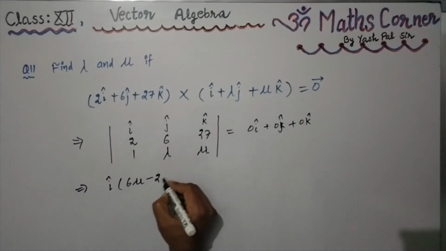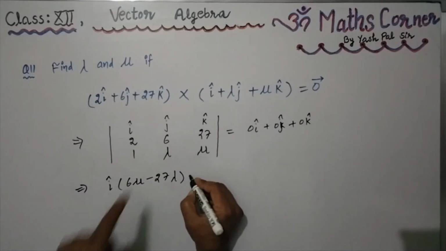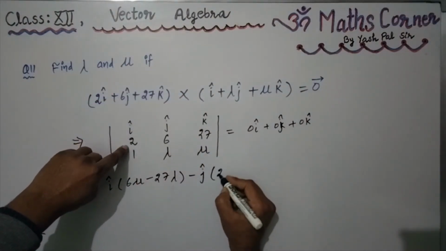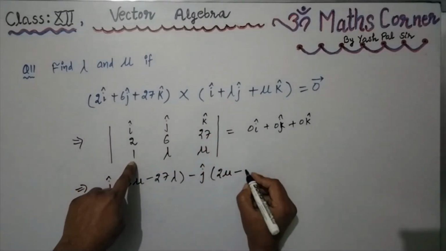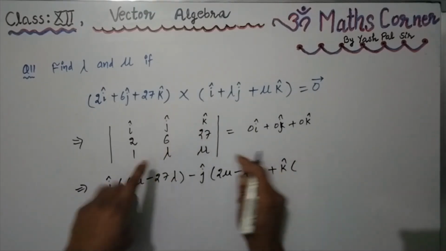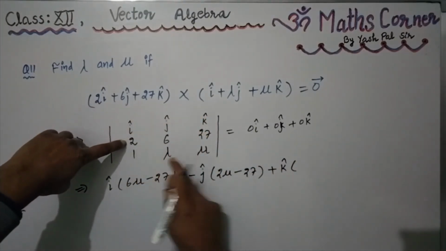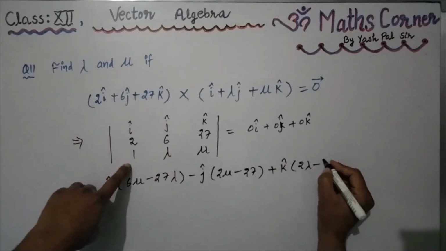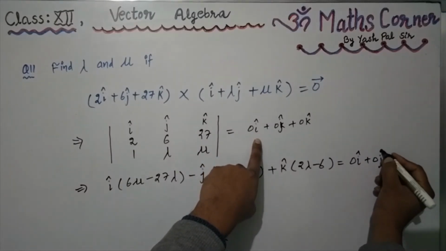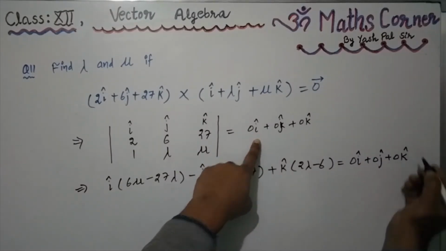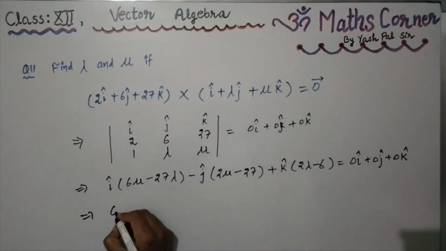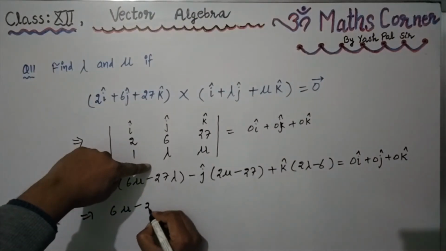This implies i cap into (6 mu minus 27 lambda), minus j into (2 mu minus 27), plus unit k into (2 lambda minus 6), is equal to 0i plus 0j plus 0k.